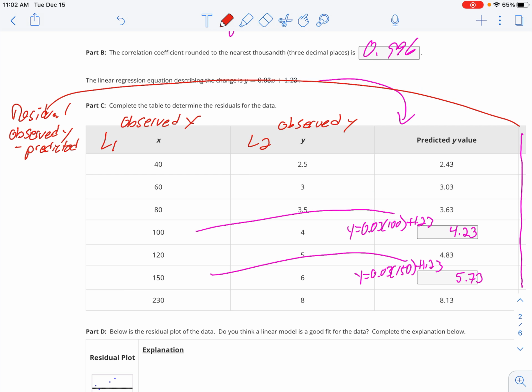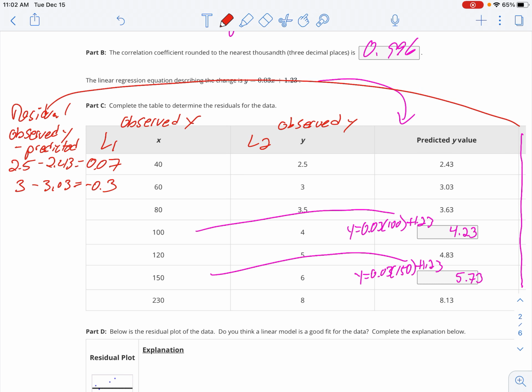For the first one, they already had the residual filled out for you: observed y minus the predicted, which they did, and they have 0.07 in that first blank. For the next one, they did 3 minus 3.03, and that's the first one you have to do. So 3 minus 3.03 gives me negative 0.03.